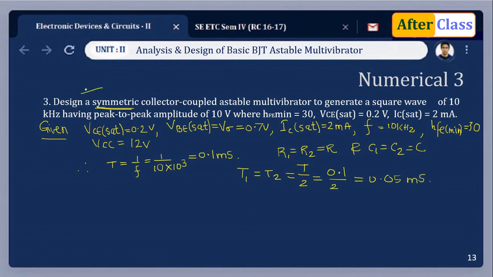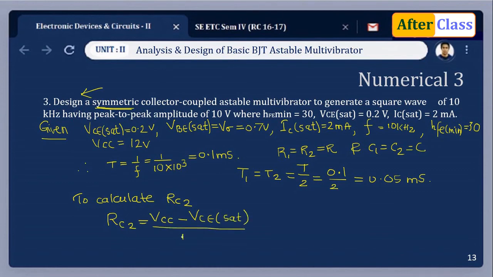It's a design problem, so we have to calculate the components. To calculate RC2, we can write the equation RC2 as VCC minus VCE set divided by IC set.